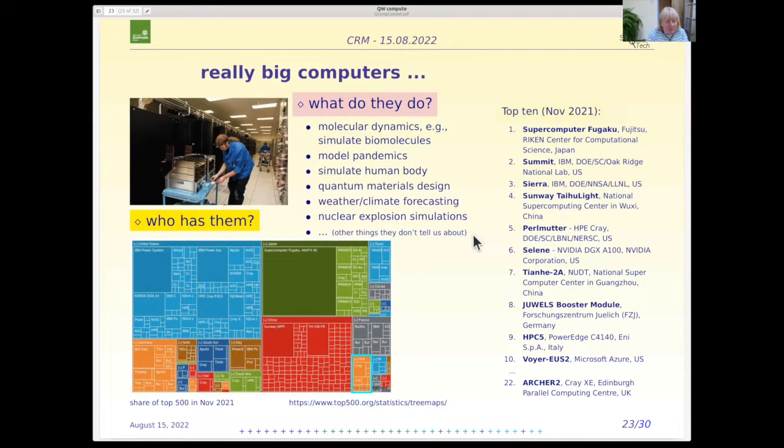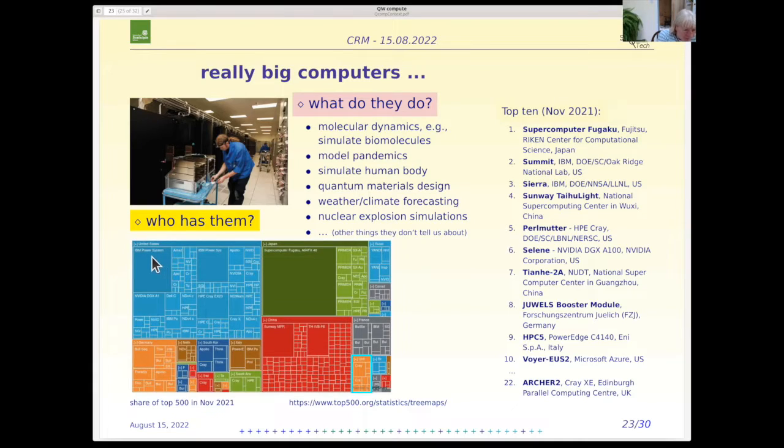So who has them? This is a diagram from June 2022. I could update it for the most recent one. I probably just forgot to put the link in. I think I've already downloaded it. But what this does is it makes nice pictures where you get a sense of where resources are, if you like.